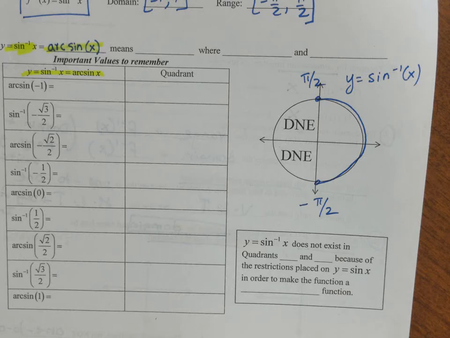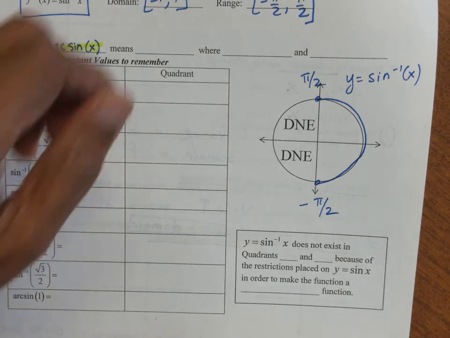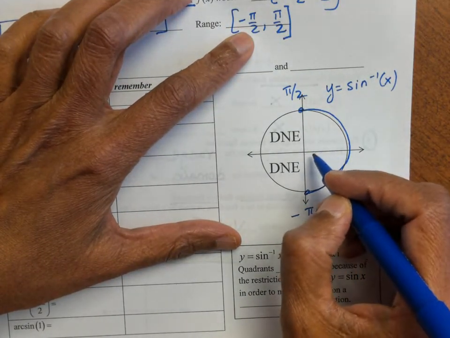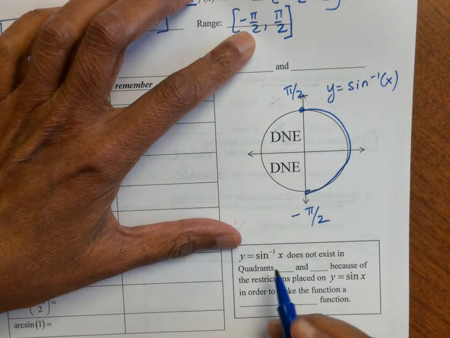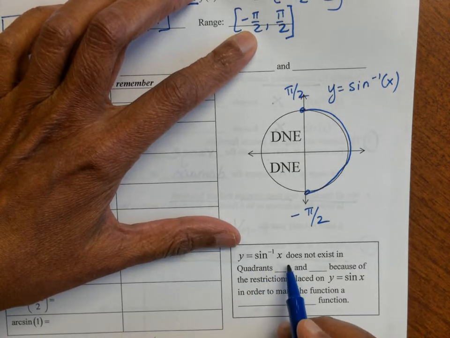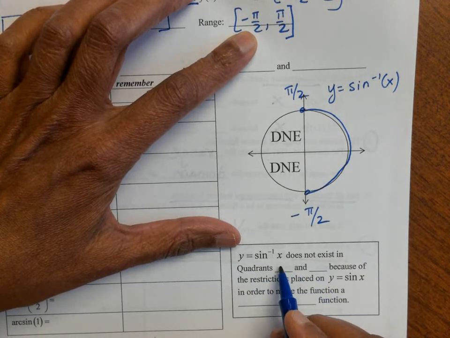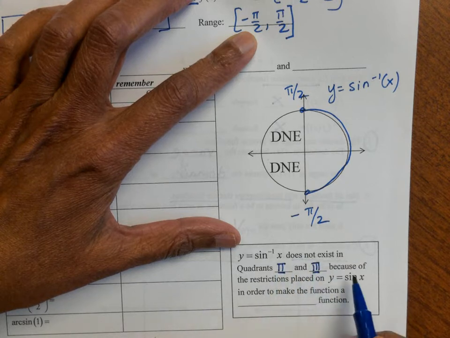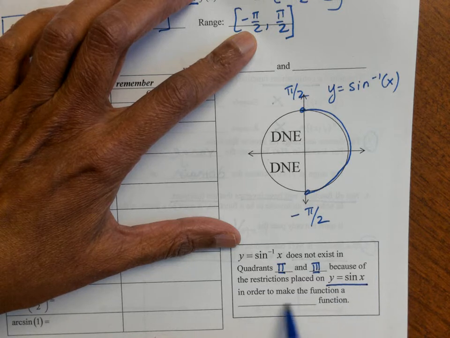And now I have to mark my unit circle with the different angles. On my quadrant 1, let's fill this in. Y equals sine inverse of x does not exist in quadrant 2 and quadrant 3, right? Because of the restriction placed on my function in order to make the function 1-to-1.